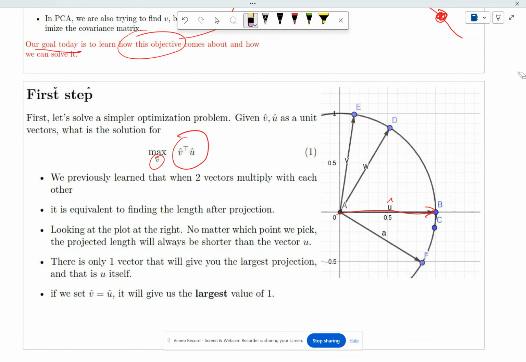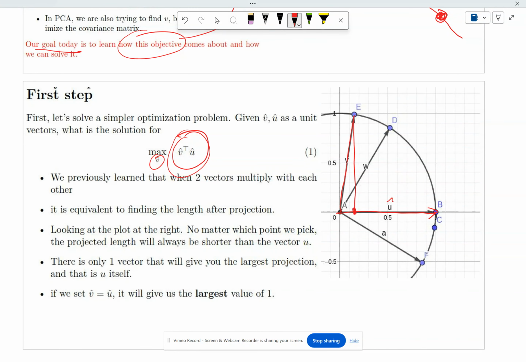Okay. Now, you remember, I think I told you that when you perform a dot product, it's equivalent to getting the coordinates of a projection. So if you're taking V here and you're taking the dot product with U, and this is normalized, essentially when you take the dot product, you're going to get this value here.